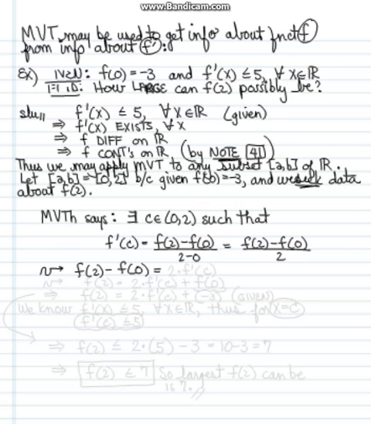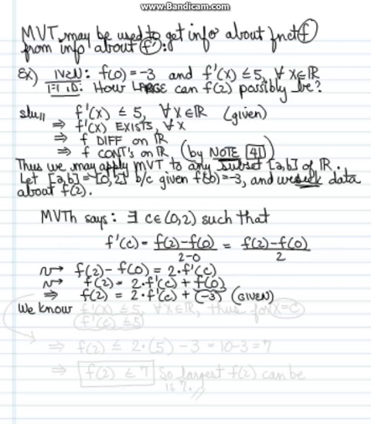Move the 2 to the other side, so f of 2 minus f of 0 equals 2 times f prime of c. Now isolate f of 2, which we want to talk about. It's equal to 2 times f prime of c plus f of 0. So that means f of 2 is equal to 2 times f prime of c plus -3. Why? Because we were told f of 0 equals -3.